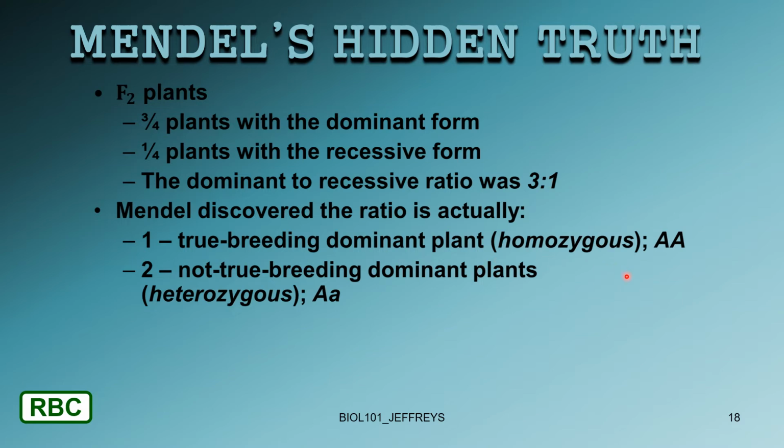So the genes are the same, the alleles are the same, big A. Hetero means different, so the alleles are different. And so we represent the dominant one with a capital A, or big A we say, and the recessive one with a lowercase a, or little a. So hetero means different. That means the alleles are different. So big A, little a. Homo means the same. That means the alleles are the same, big A, big A.